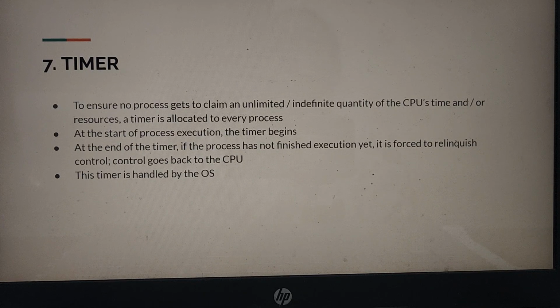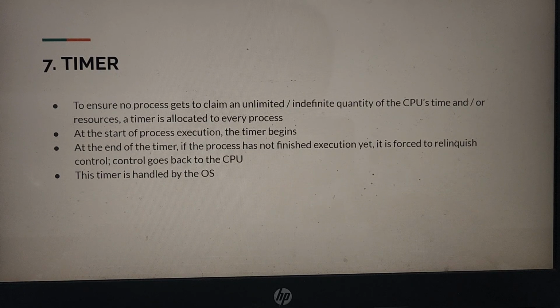If the process has not completed its task within X milliseconds, it will be stalled, abruptly cut off there, and an error message or alert, if applicable, will be put up, and the OS will direct the CPU to take up and work on the next task. So setting the timer at the start of execution, maintaining the timer, flushing out the current process when the timer becomes 0 and bringing in a new process, this part is done by the OS.